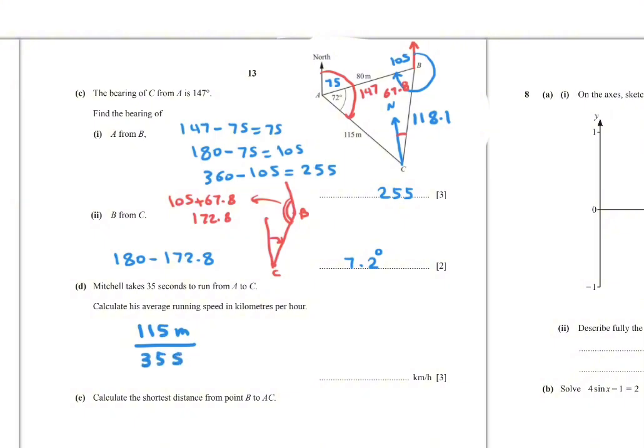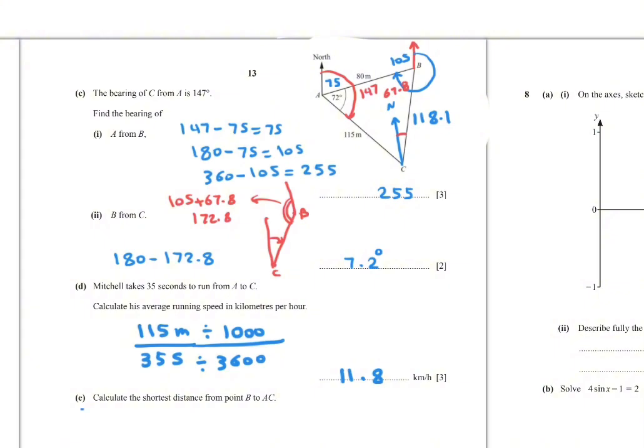If we need the answer in kilometers per hour, convert meters to kilometers and seconds to hours. You can divide the numerator by 1000 to convert to kilometers, and divide the seconds by 3600 to convert to hours. Write this fraction in your calculator to get the answer: 11.8 kilometers per hour.